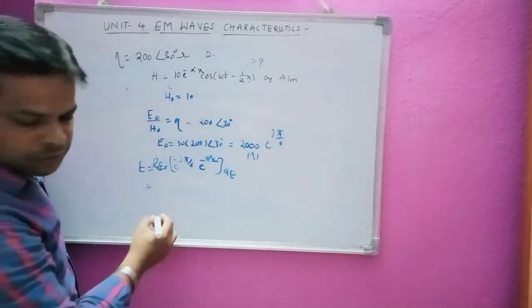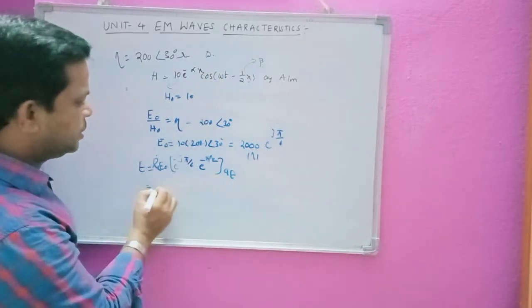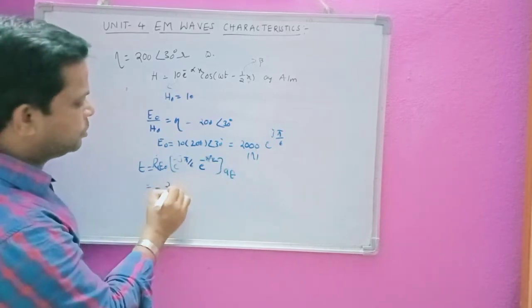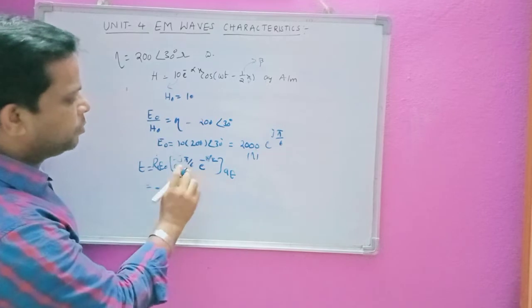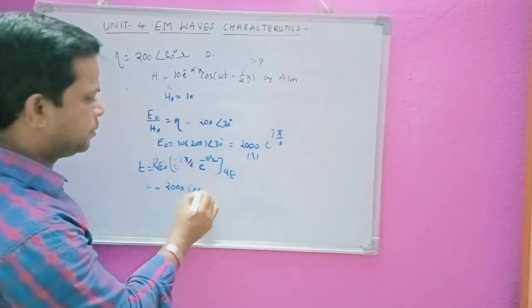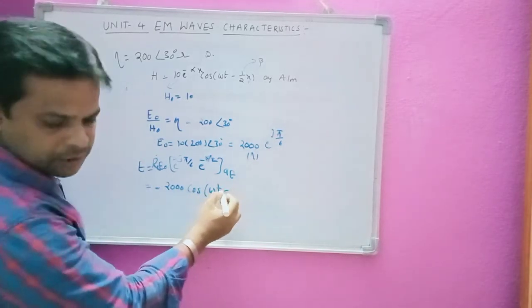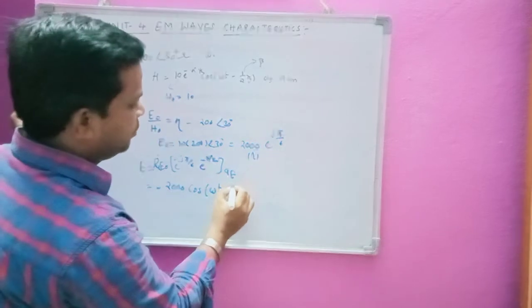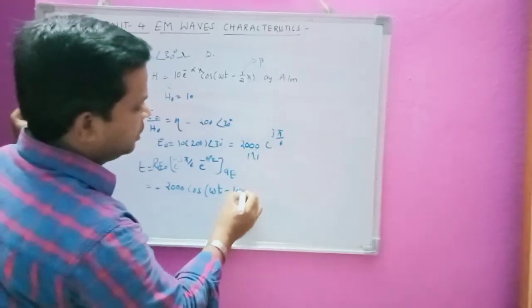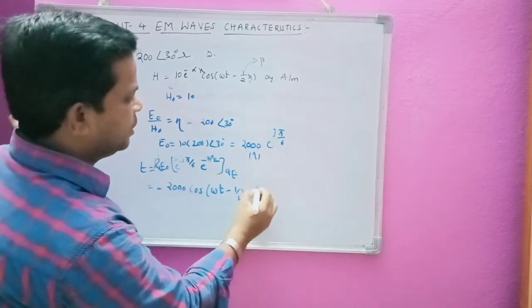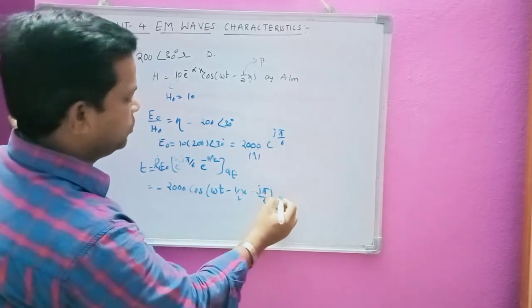If I substitute this, you will get AE as minus AZ here, and E0 is 2000. We have to multiply by cos of omega t minus beta z, that is 1 by 2 x, and here we have minus j pi by 6 into AZ.